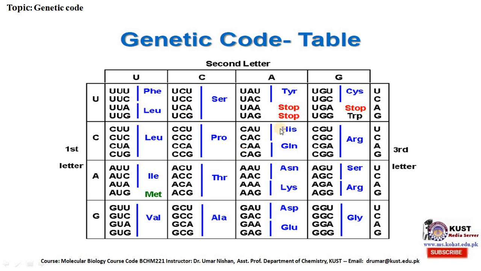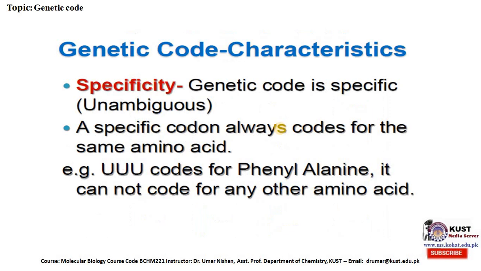So the genetic code has certain characteristics. One of the characteristics is specificity. The genetic code is specific, unambiguously. A specific codon always codes for the same amino acid. For example, UUU codes for phenylalanine.